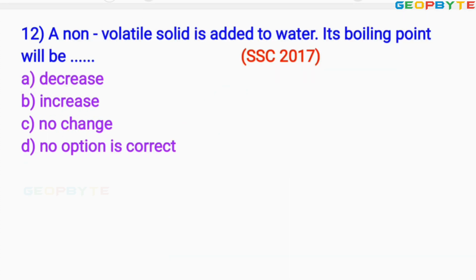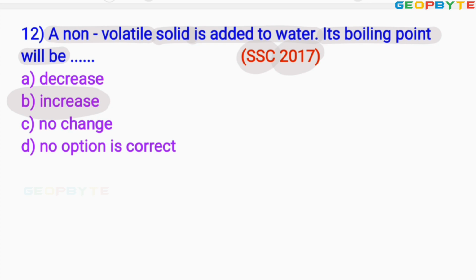Look at the problem. Was asked in 2017 for SSC exam, given like this. A non-volatile solid is added to water, its boiling point will be increased. This point is also very important.